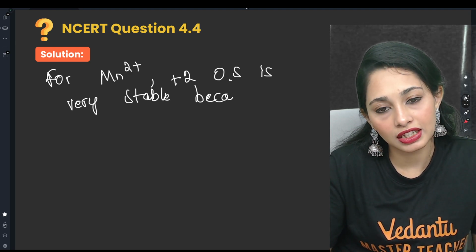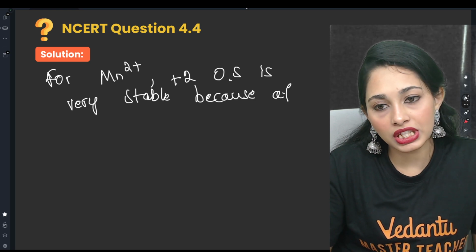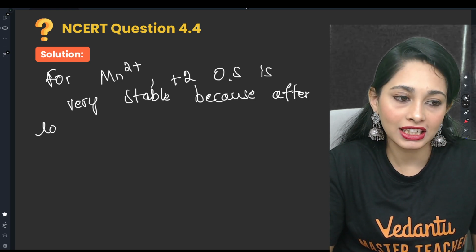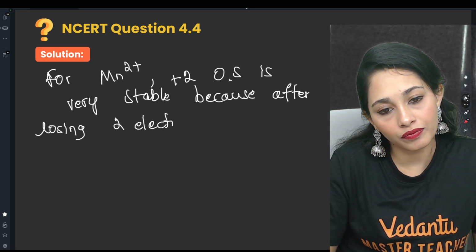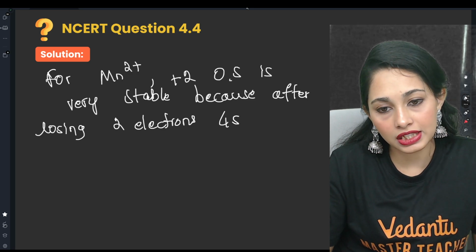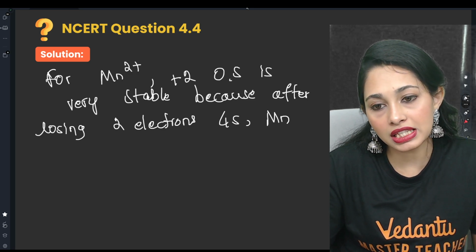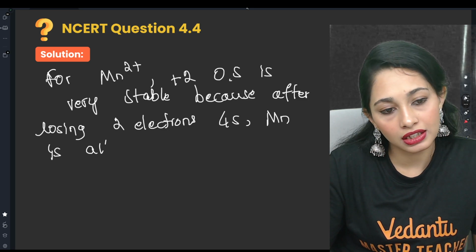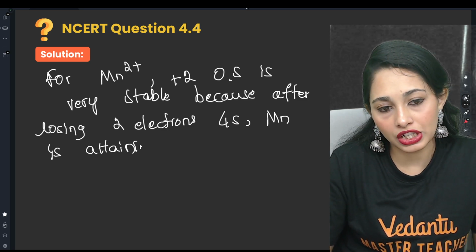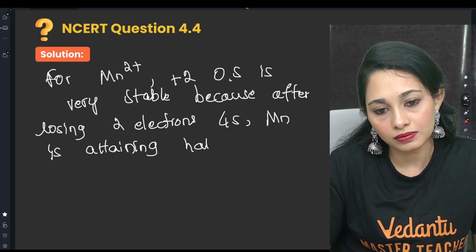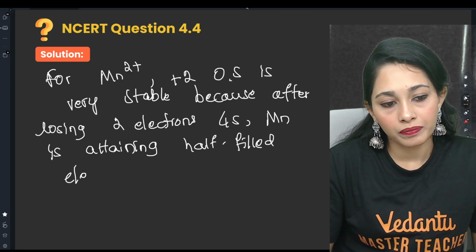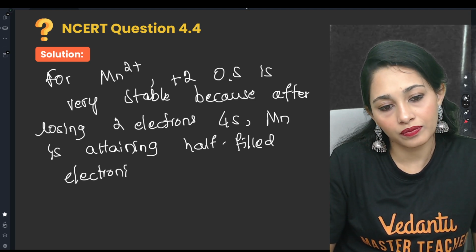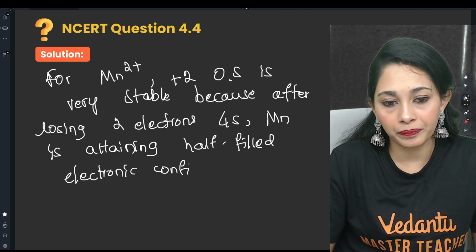After losing 2 electrons from 4s, manganese attains the half filled electronic configuration 3d5.